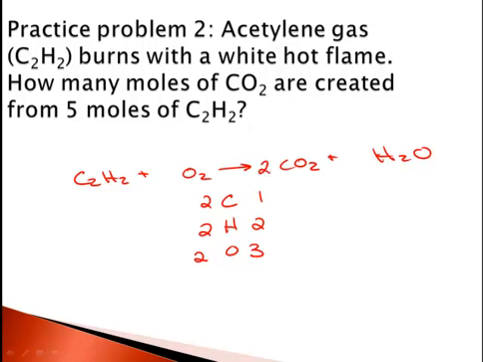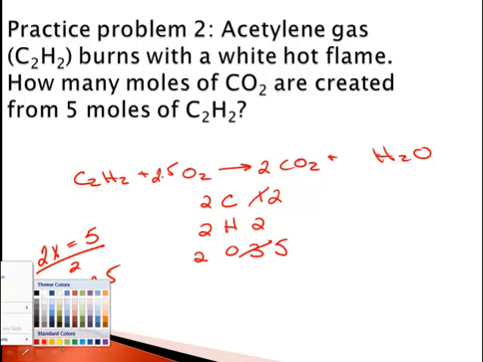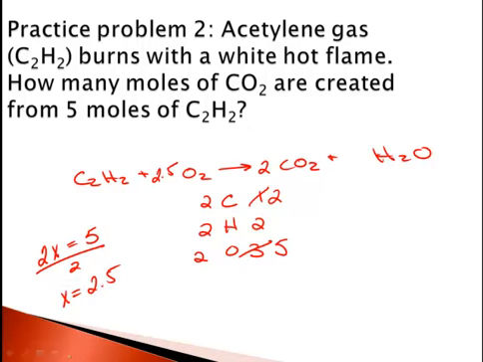So I balance carbon by putting a 2, but that changes my oxygen. Now I have 2 times 2 plus 1, so I have 5 oxygens on the product side. Well, in order to get 5 oxygens, I need some number times 2 to give me 5. So X is going to be 2.5. Well, remember that I can't have 2.5 molecules of oxygen.